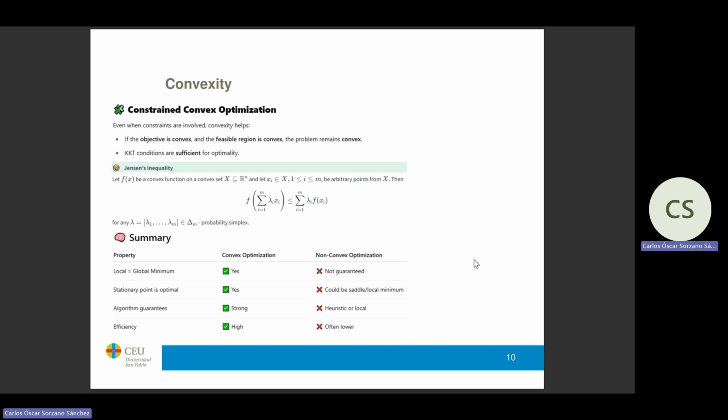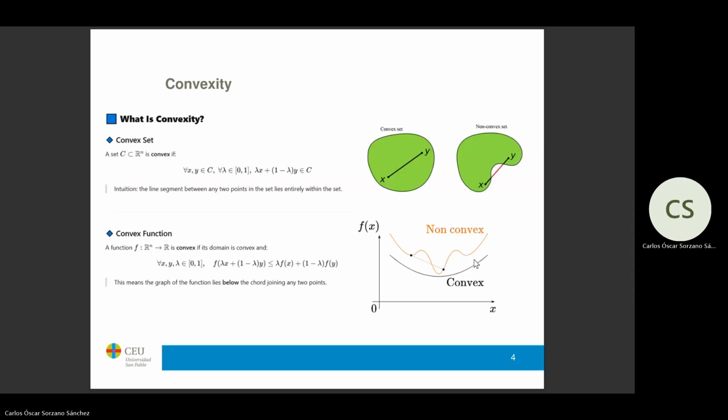And here you have something that is a property of convex functions that is very much used in many problems. That is Jensen's inequality, which somehow is a generalization of the definition of convexity. So let's go back to the definition of convexity. So if you make a linear combination of 2 points, the function there is always smaller or equal to the linear combination of the images.